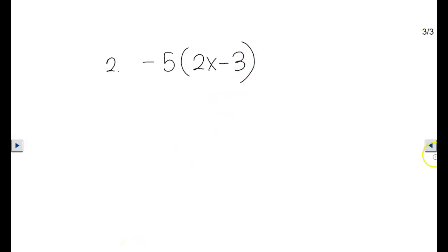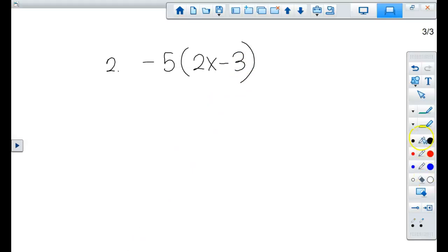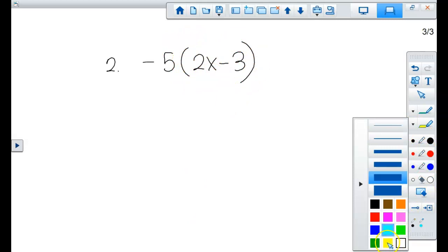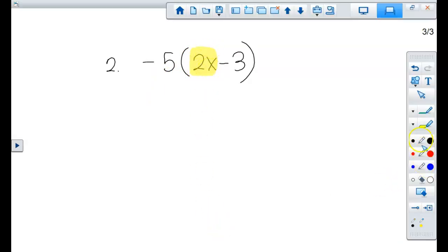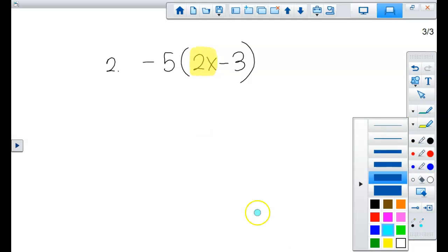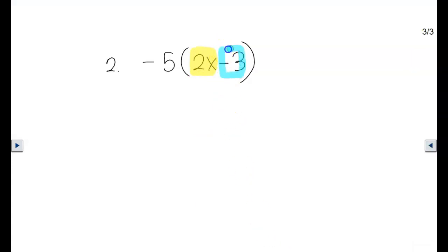Do we need to distribute? The answer is yes. You see the number -5 being multiplied by the group 2x minus 3. So each member of that group is going to get multiplied by this -5. So the first member of the group is 2x. I'm going to let that minus sign in my parentheses stay with my 3. So I know it's a -3.